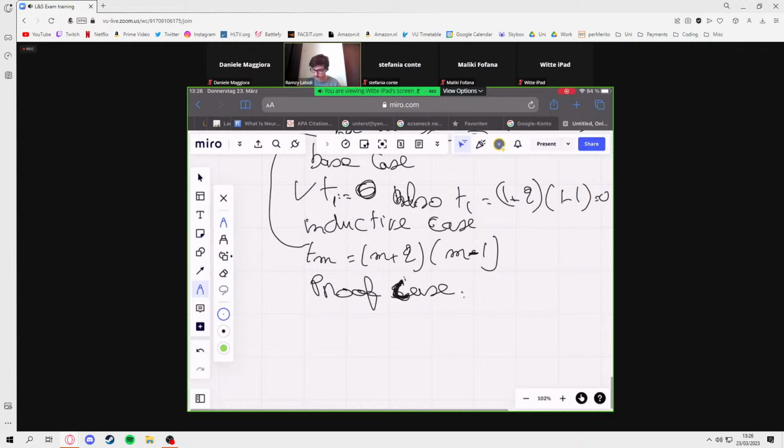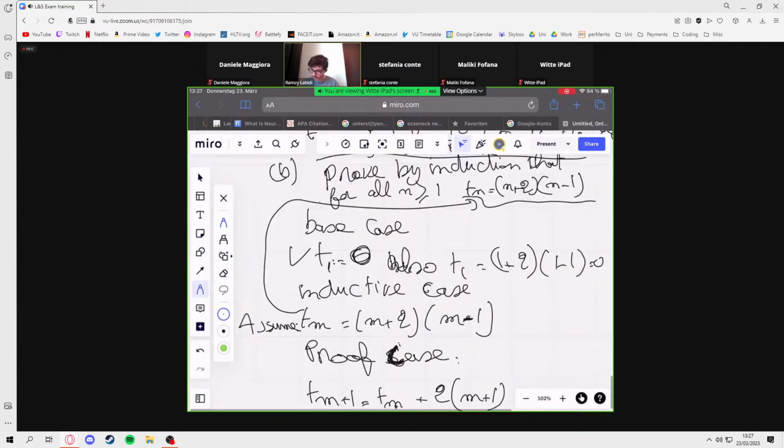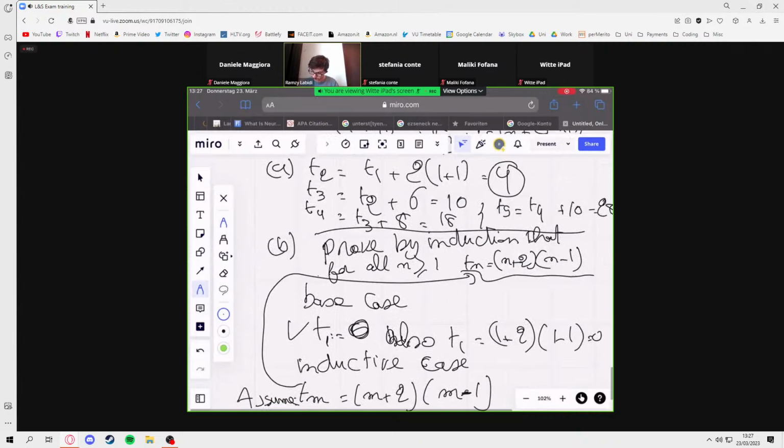So the proof case comes with Tm plus 1. And then we say, hey, we assume, we have to always say that we assume. And therefore, now we have to prove that Tm plus 1 is equal to Tm plus 2m plus 1. This, of course, comes from here.